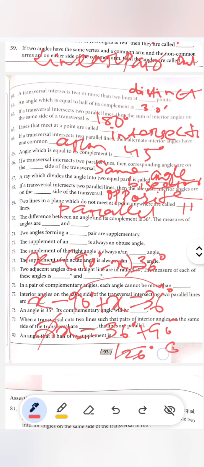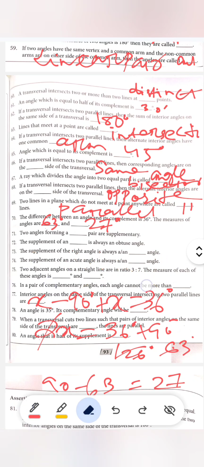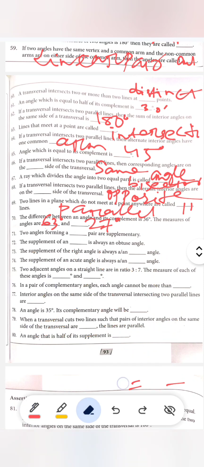If you cancel out, you will get 63 degrees. So one angle is 63 degrees and the other will be 90 minus 63, that is 27 degrees. Okay, so many things need to be written, that's why there is a problem. Now come to the next question.